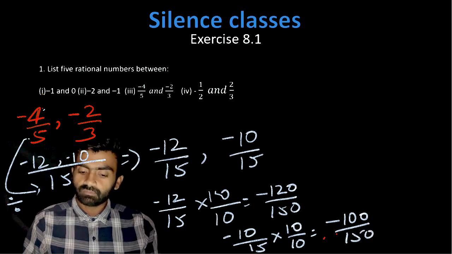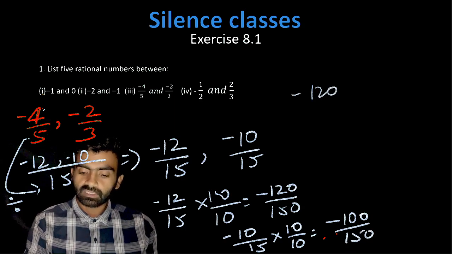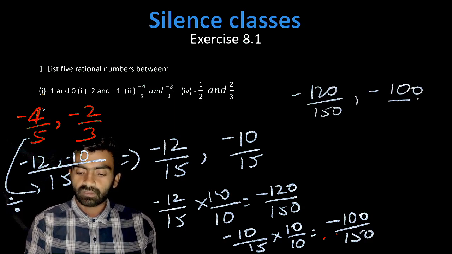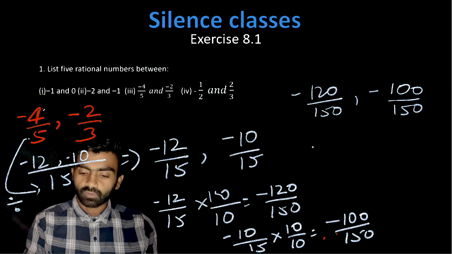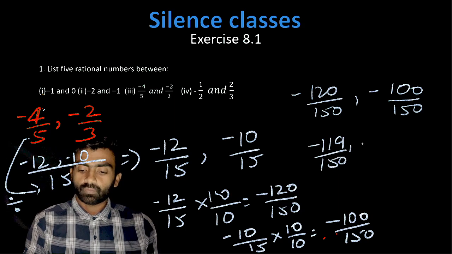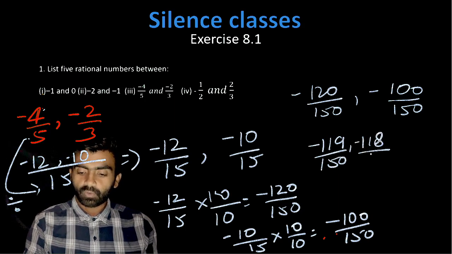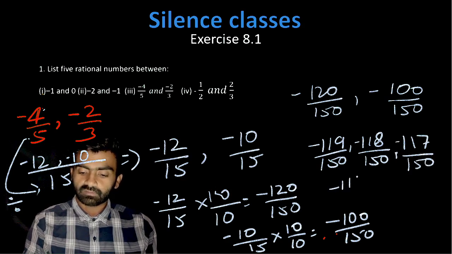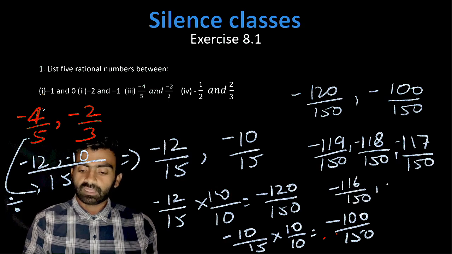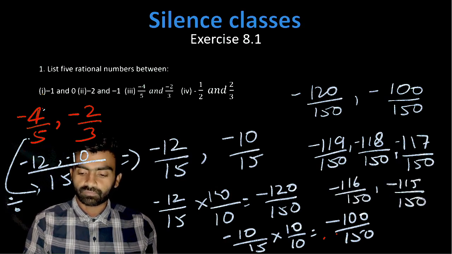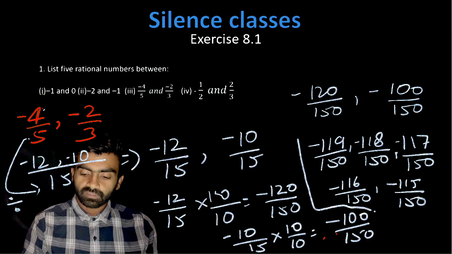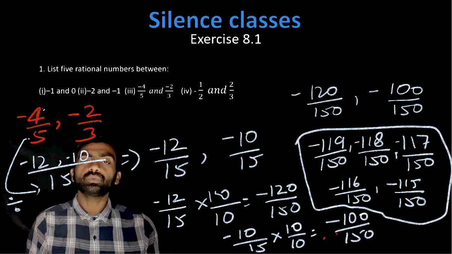The base is the same, so we can write minus 119 upon 150, minus 118 upon 150, minus 117 upon 150, minus 116 upon 150, and minus 115 upon 150. These are the five rational numbers between these two numbers.